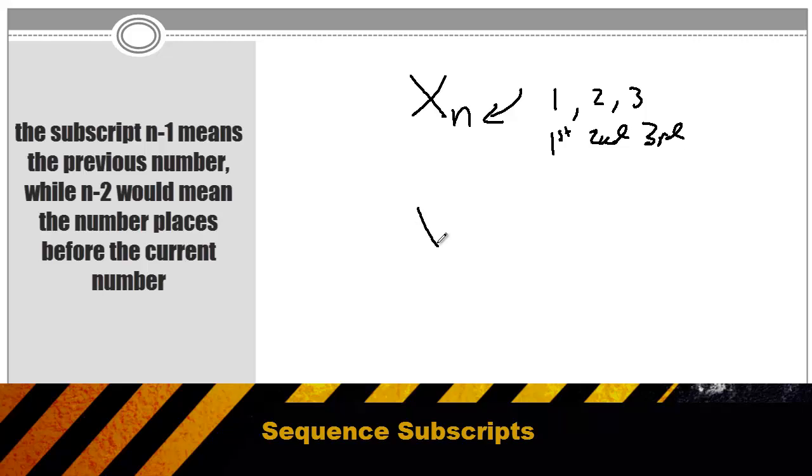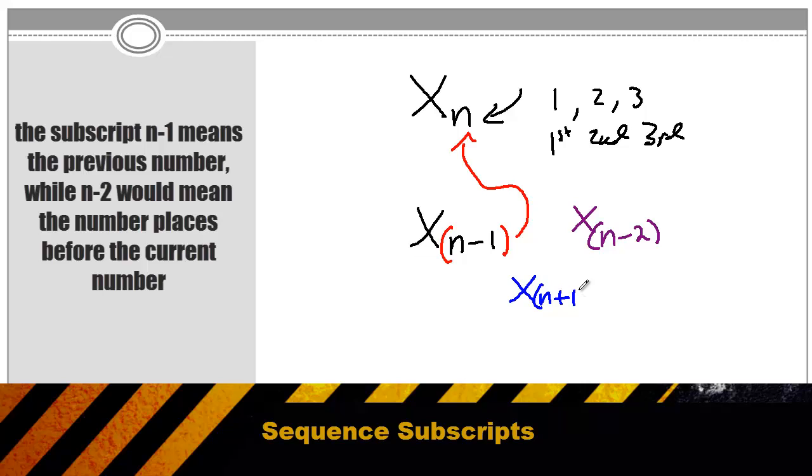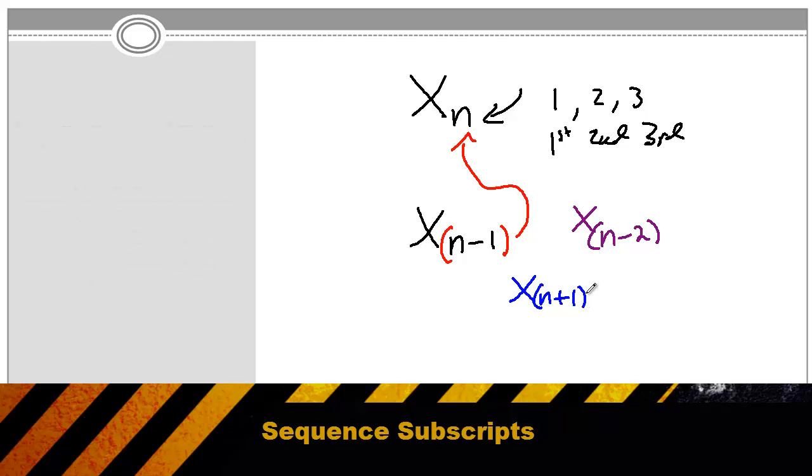If I write x subscript n minus 1, the n minus 1 just means one number previous in the list to the nth position. Likewise, x with the subscript n minus 2 would mean some number 2 previous to the nth position, and x subscript n plus 1 would mean a number 1 after the nth position.